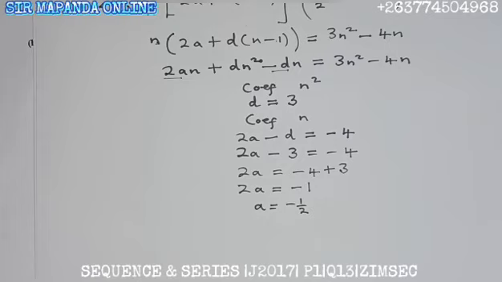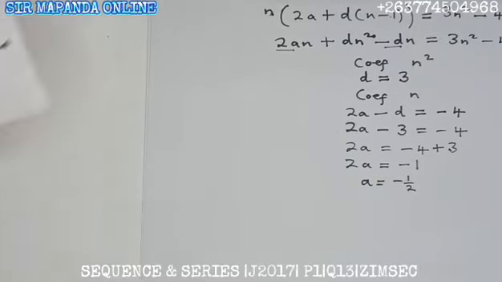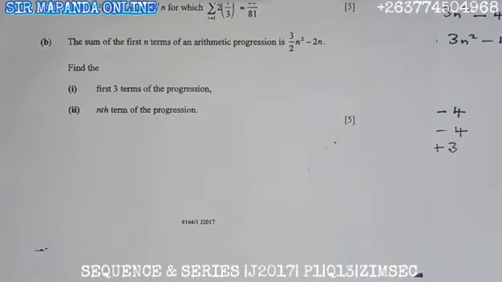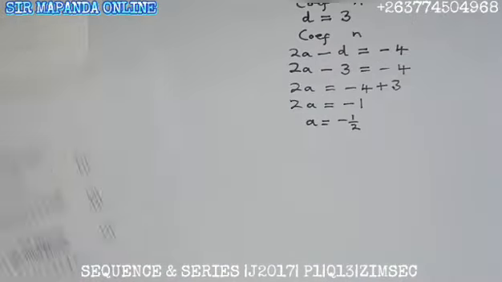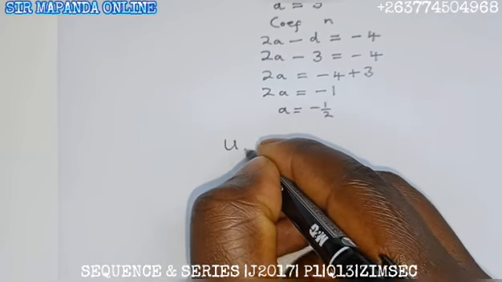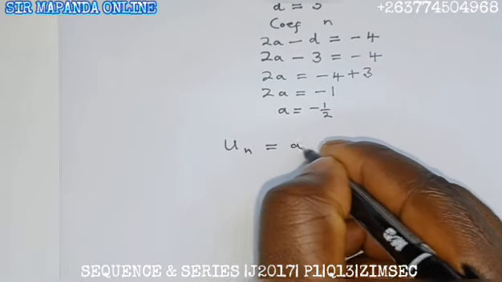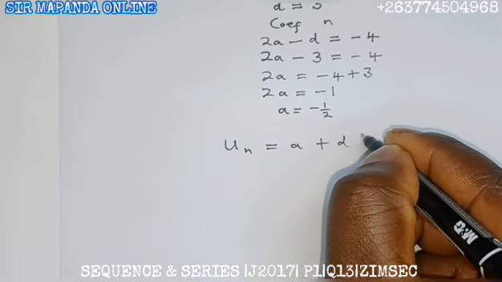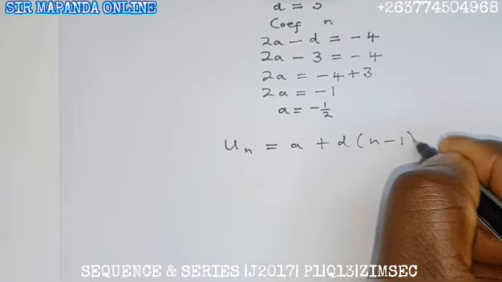Now that we have the first term and the common difference, it is now easy to find the first 3 terms. So the nth term for an arithmetic progression is un is equal to a plus d, open bracket, n minus 1.